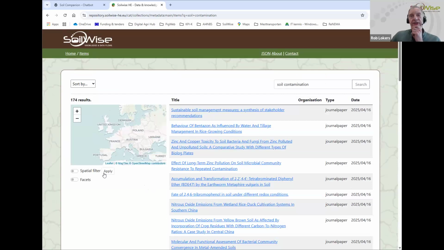So this is one thing that we will offer. There are still a lot of things that will improve on this interface, but this is something that you can already work with if you go to the SoilWise website, which is soilwise.he.au, if I'm correct. Then you'll find the link to this catalog.